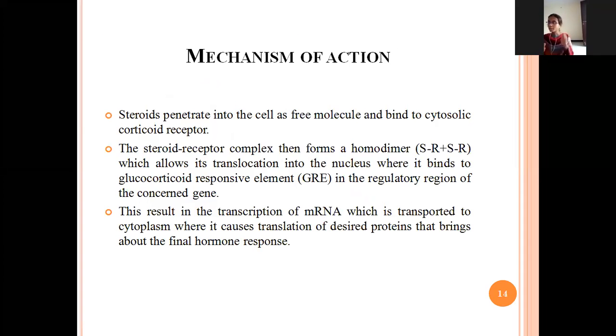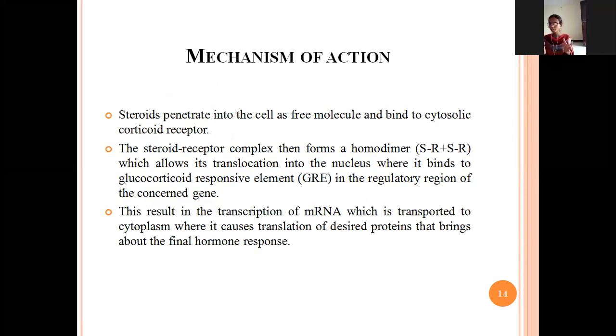Next one is mechanism of action. Let's see what the mechanism of action is. Steroids will penetrate into the cell as free molecules, and they will bind to the cytosolic corticoid receptors.